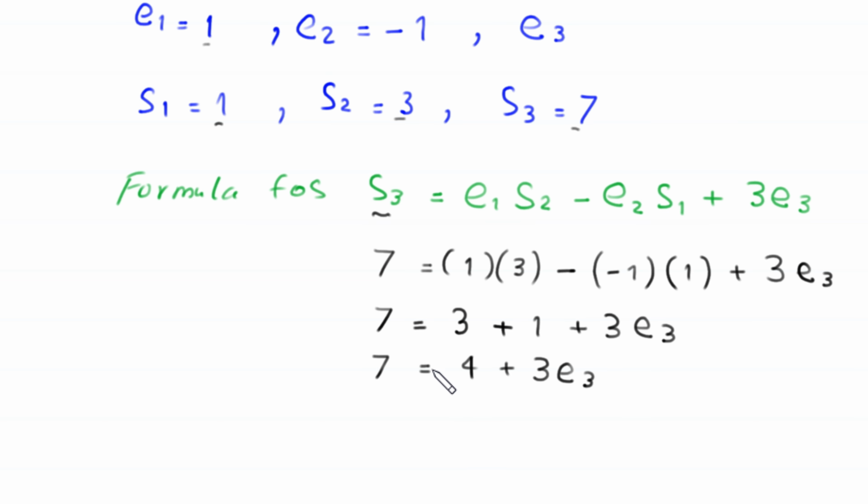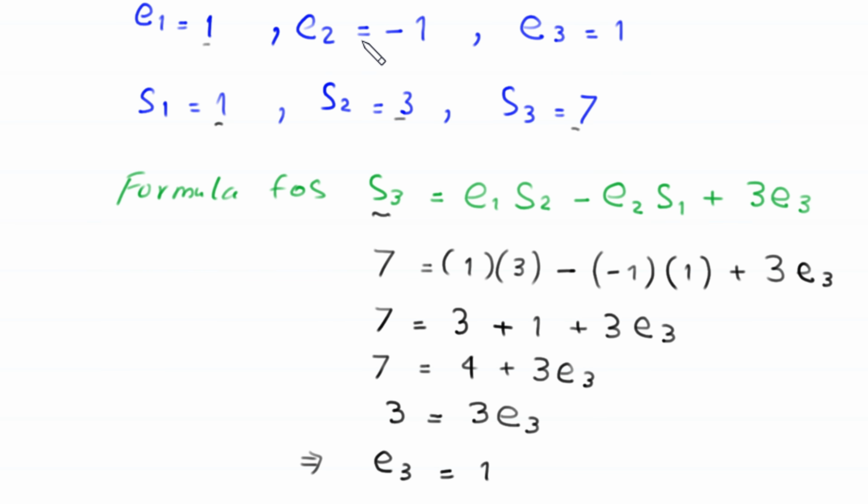Subtract 4 from both sides. This implies that 3 is equal to 3 times E3, and if we divide both sides by 3, this implies that E3 is equal to 1. So we have found that E3 is equal to 1.